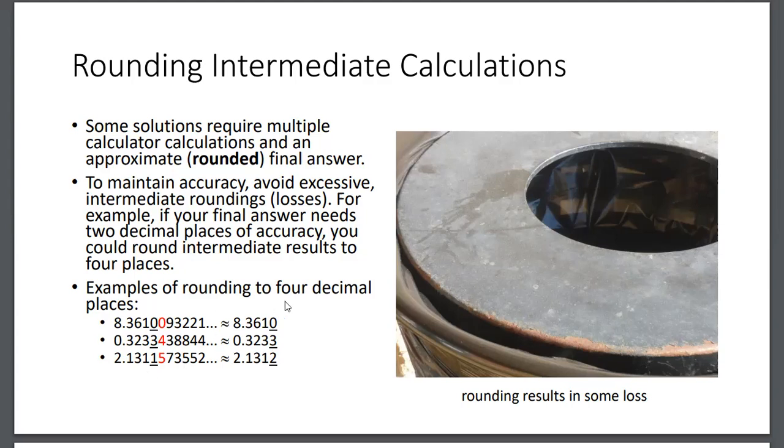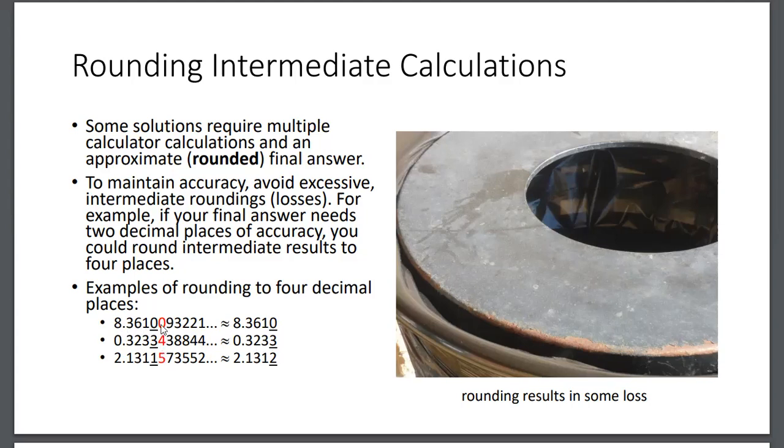Here's an example of rounding particular numbers to 4 decimal places. The ... indicates that they have some higher precision going off here that we're not interested in. 4 decimal places go to the 4th position after the decimal point. It's underscored here, 0, 3, and 1 in these 3 example numbers. And then look to the right.